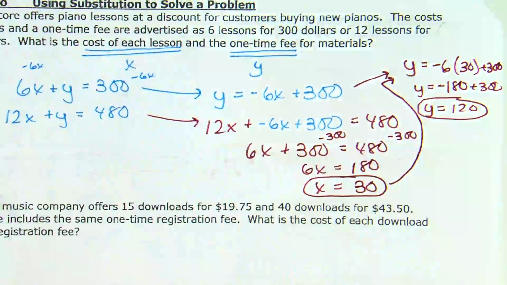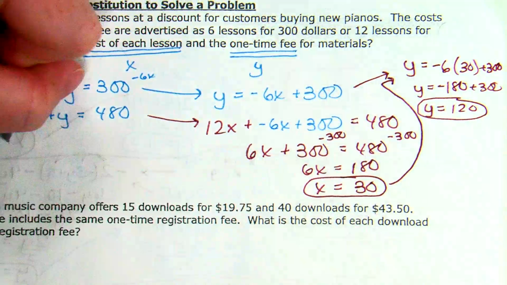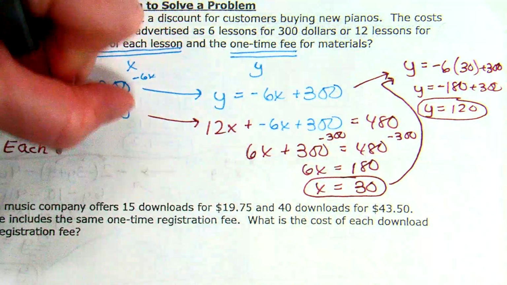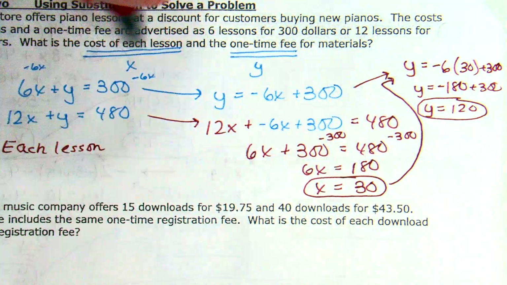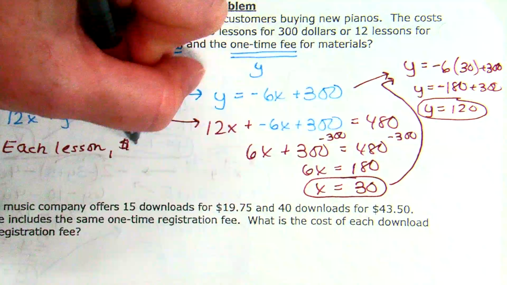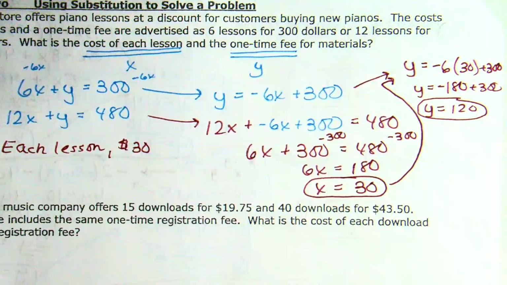What are these answers of 30 and 120? Dollars, yes. Because what is 30? Cost of each lesson. So if you have to put it in words, be able to go back and understand your context. We said X was the cost of each lesson, so each lesson is $30. What was Y? One-time fee.